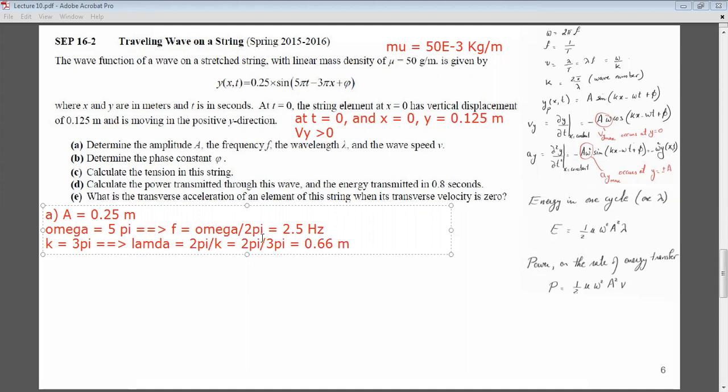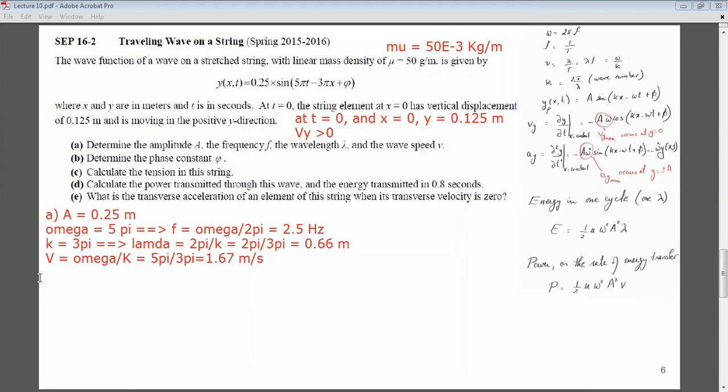And the wave speed v is omega over k, which is equal to 5 pi over 3 pi, and this gives 1.67 meter per second.